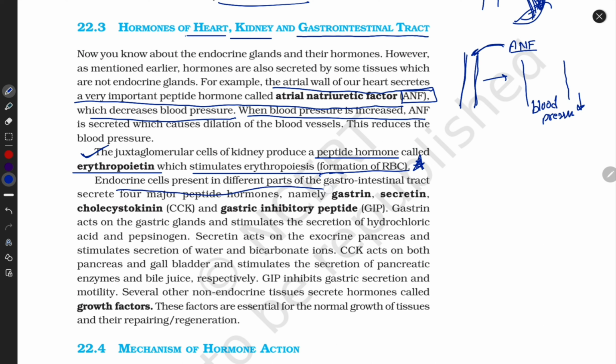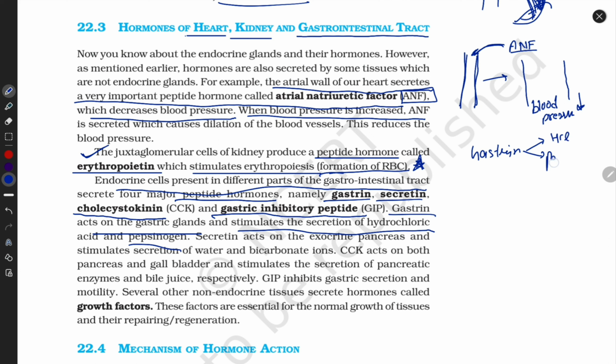Endocrine cells are present in different parts of the gastrointestinal tract. Some of the peptide hormones are gastrin, secretin, cholecystokinin, gastric inhibitory peptide. These are also hormones secreted by the gastrointestinal tract. Gastrin acts on gastric glands and stimulates secretion of HCl and pepsinogen.